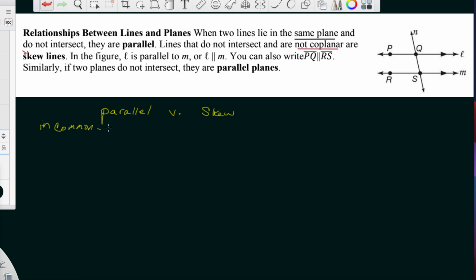They don't intersect. Both of them are lines that don't intersect, right? And then what don't they have in common? What's the difference?